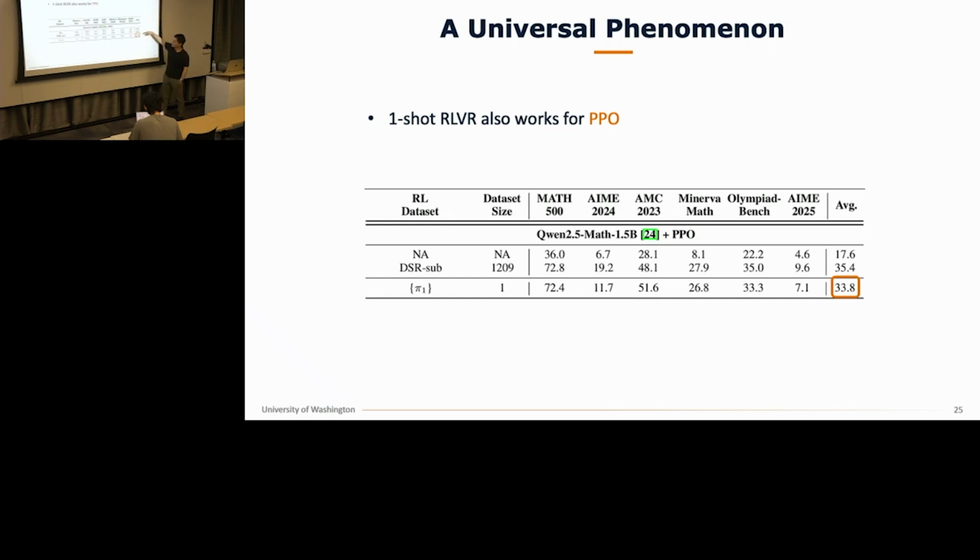You can compare: this is the baseline without reinforcement learning, this is using the full data set, and this is using one training data. You can see the phenomenon is the same. You can dramatically improve the performance, getting comparable performance to using the full data set. So it's not something specific to GRPO. It's quite universal from the algorithm angle as well.